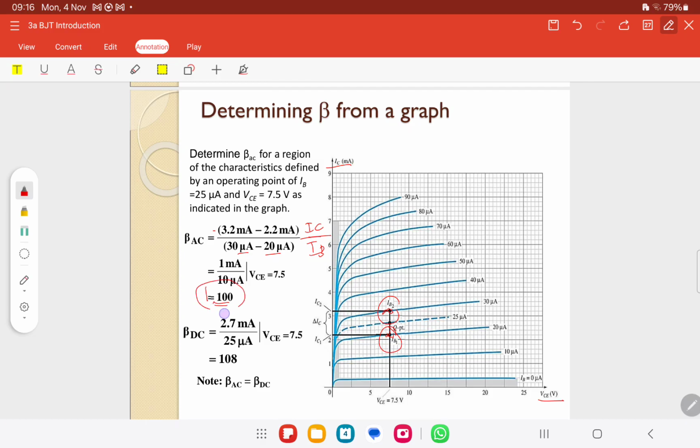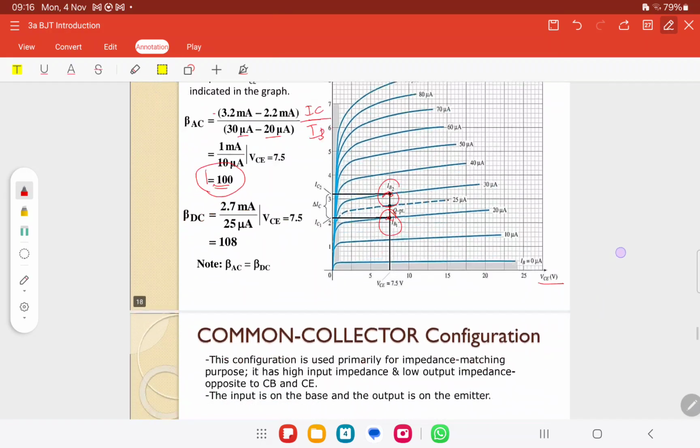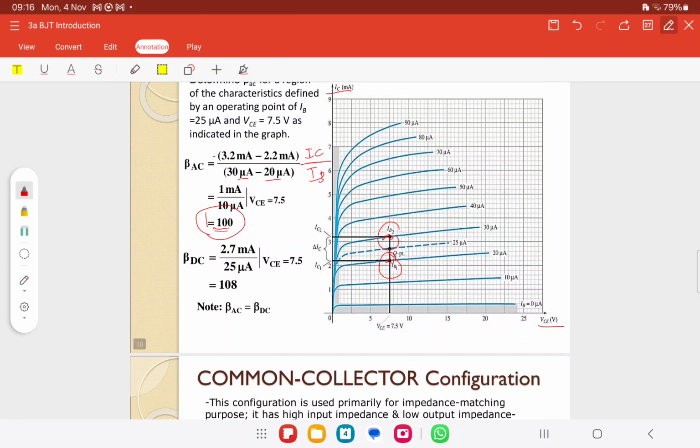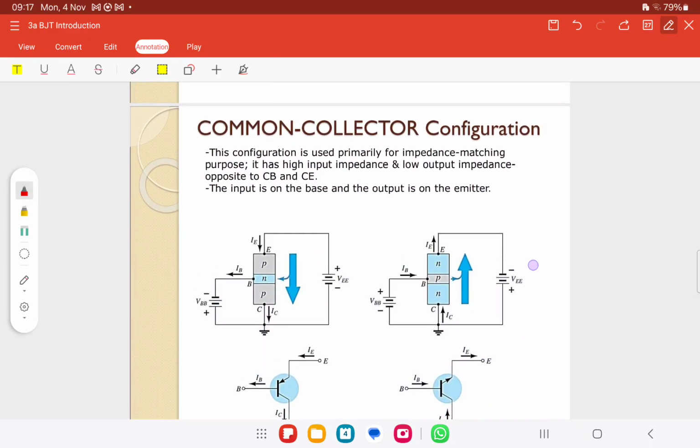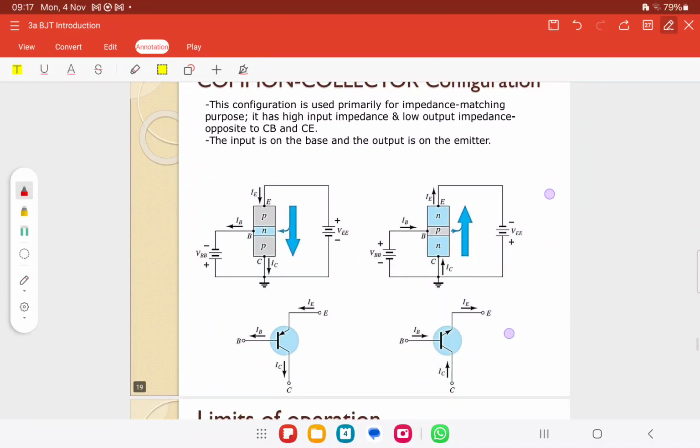So boleh dapat the value of the beta. Biasanya kita akan guna one value sahaja for the beta. It will be given only one value. So you just use value yang diberi dekat dalam the circuit tu lah. Okay. Next one, kita nak pergi to common collector.